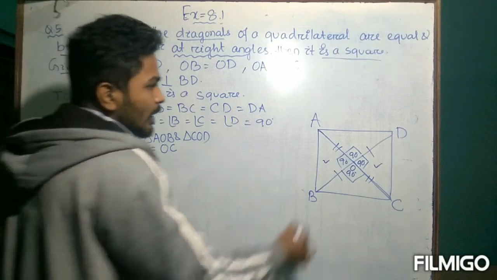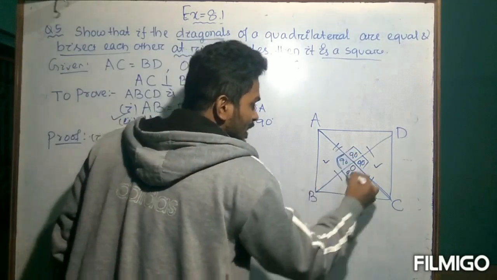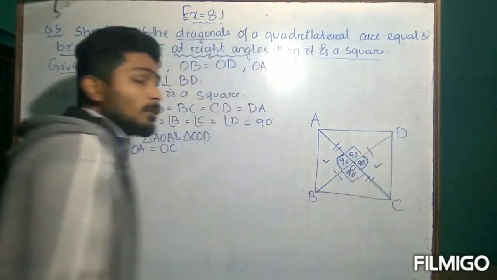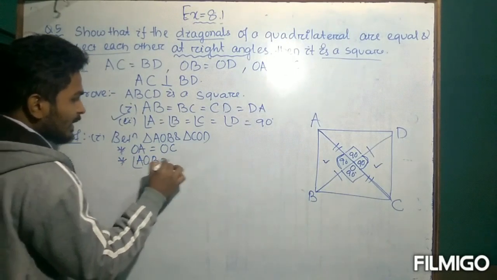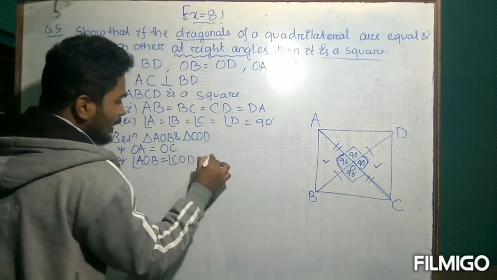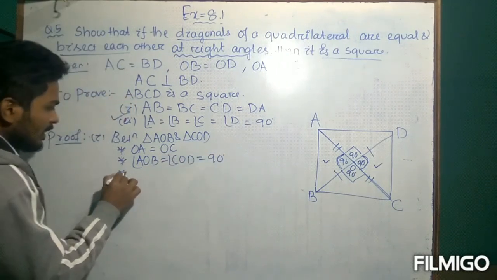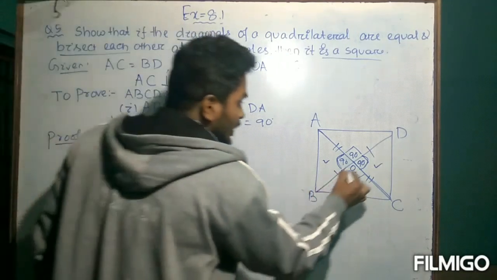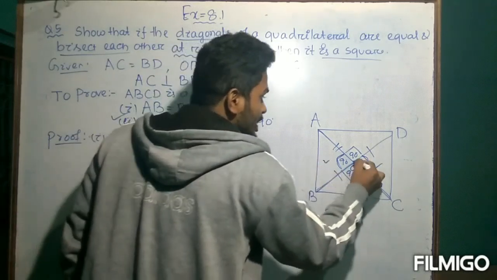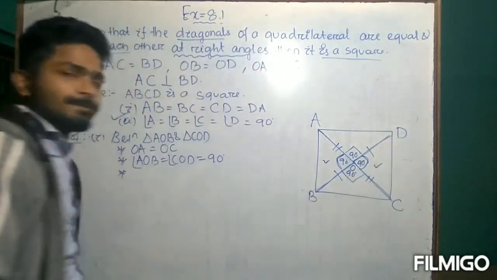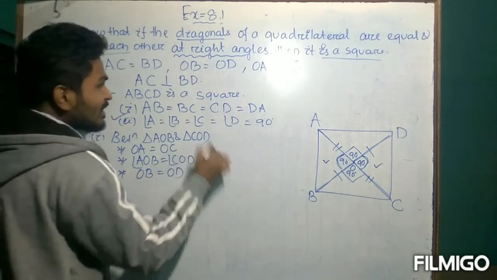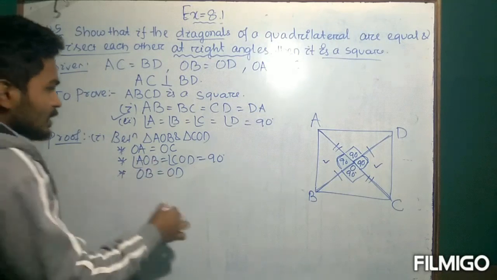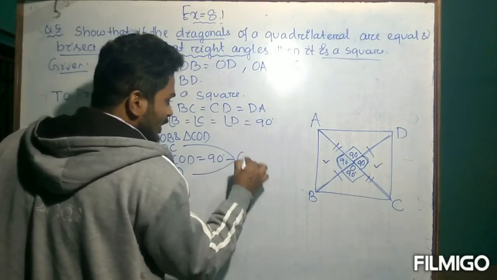Second, this angle is 90 degree for the triangle AOB and this angle is 90 degree for the triangle COD. So angle AOB and angle COD are equal, they are 90 degree. Third condition, OB for the triangle AOB is equal to OD for the triangle COD. Yes, OB is equal to OD. All these three conditions are given here.